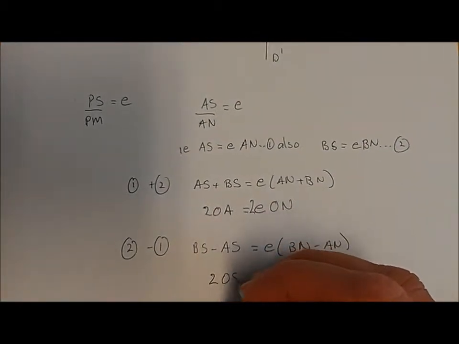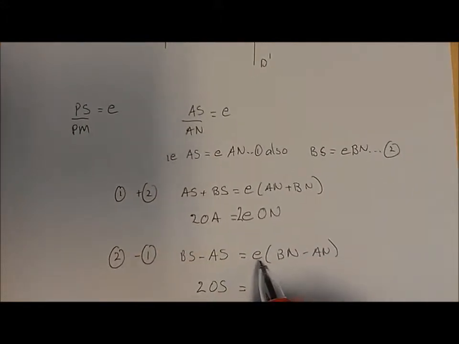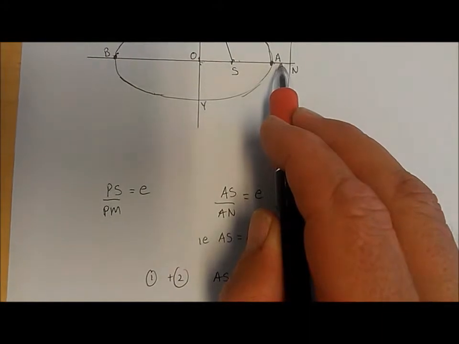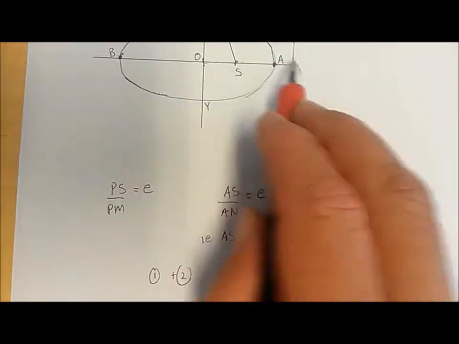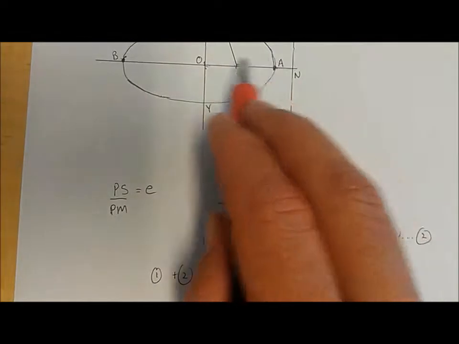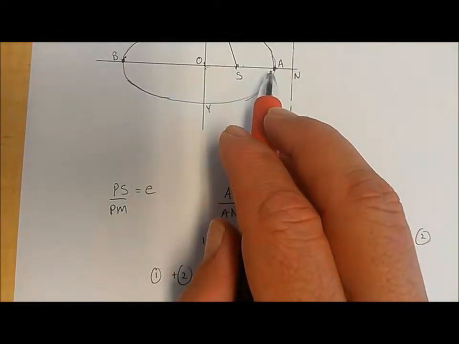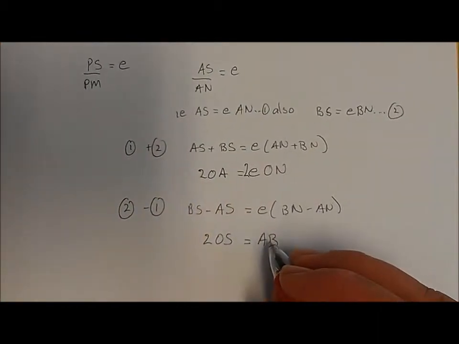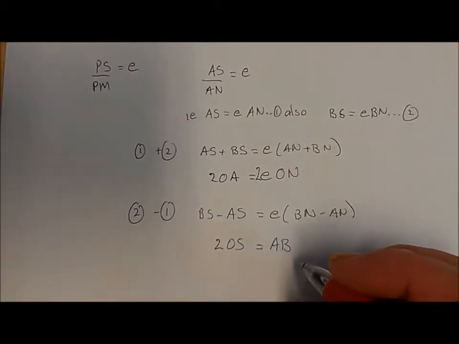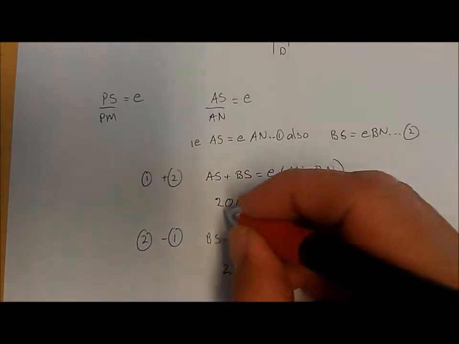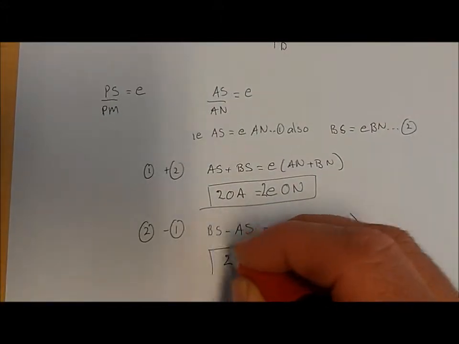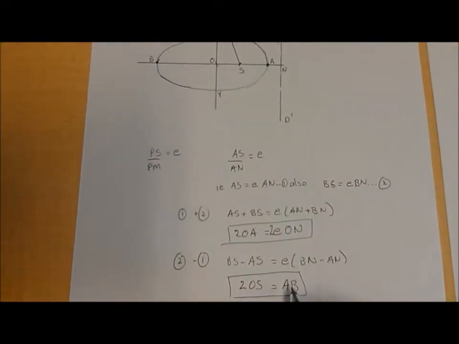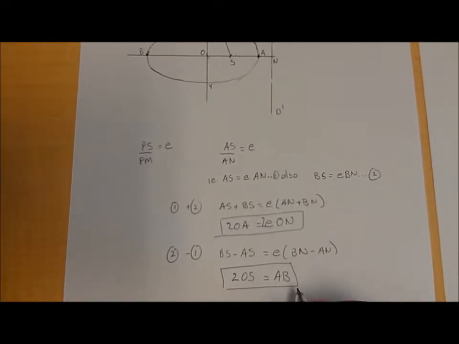So that's 2 OS is equal to, and if I take BN and take away AN, then I'm just getting this AB, which is again 2 lots of OA. So I'll write that as AB for now. Alright. So then what I'll do is using these two equations. So 2 lots of OA is 2EON, and 2 lots of OS is equal to AB. So just go over them again, make sure you get how they came about.